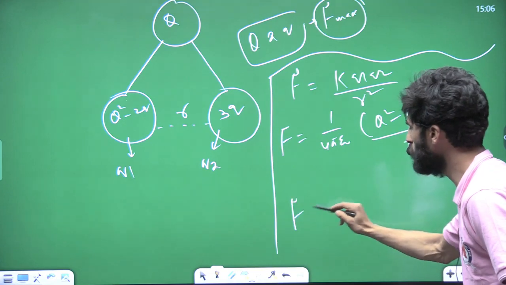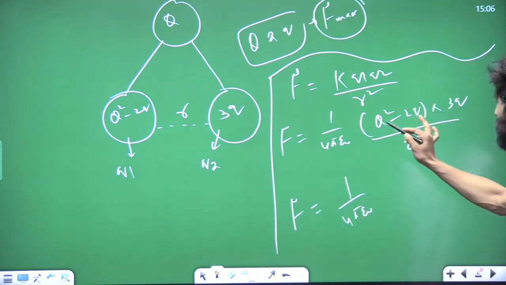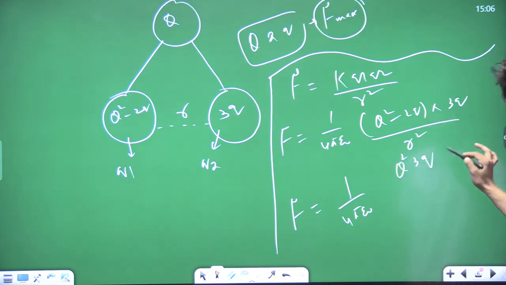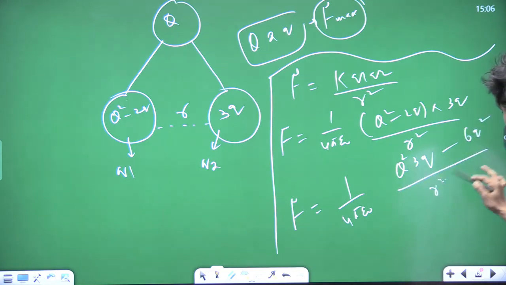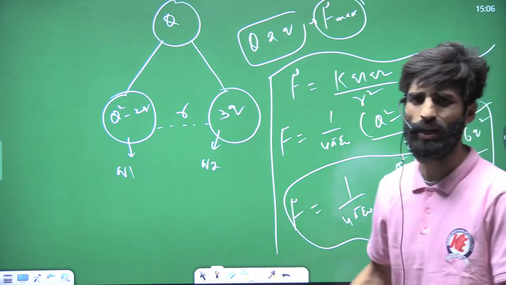Multiplying, it is going to be Q square 3Q minus 6Q square, divided by R square. So this is your force between these two charged particles.